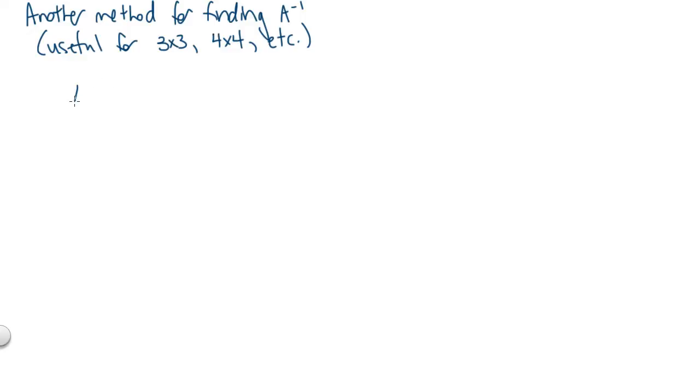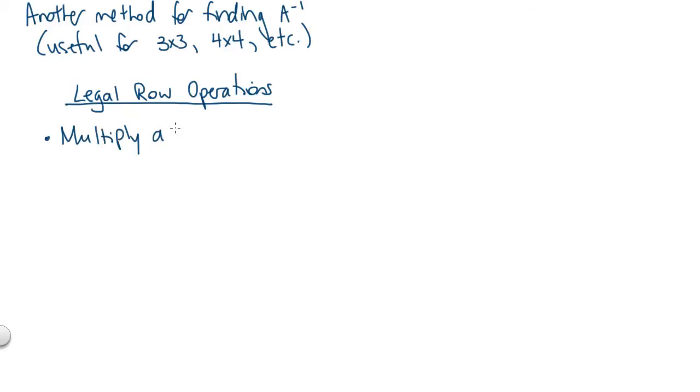Well, let's look at the idea of legal row operations. Operations that we can perform on a matrix. We can multiply a row of the matrix by a non-zero constant.